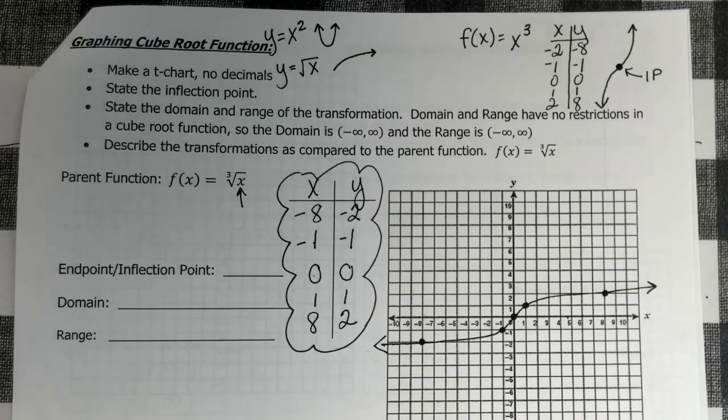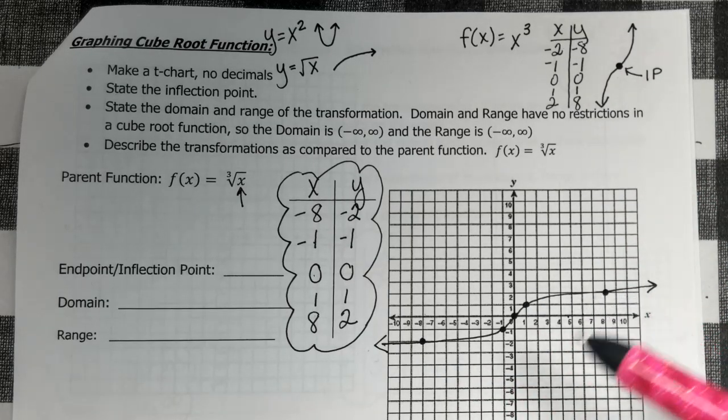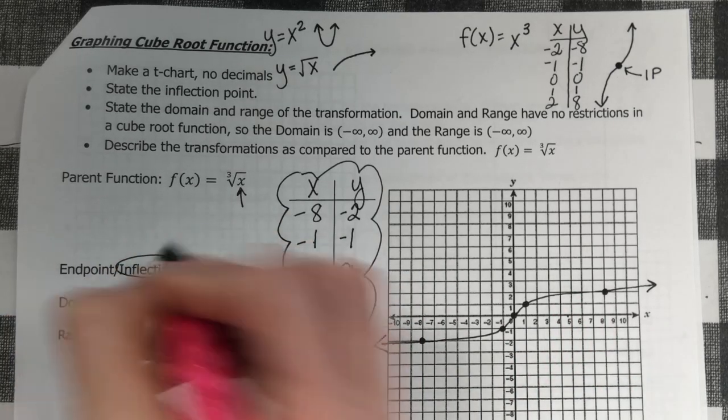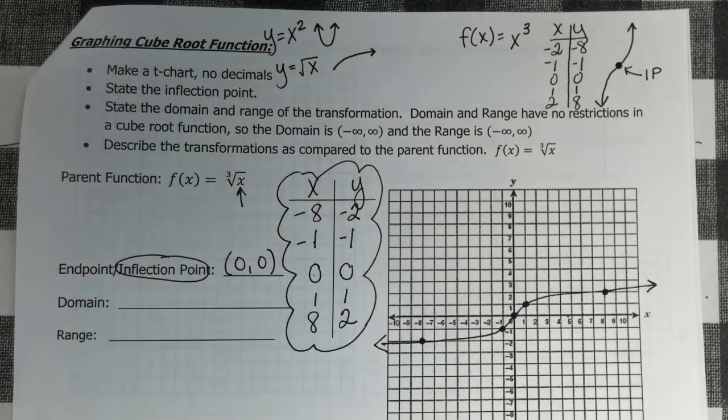That's because all inverse functions reflect over y equals x, which we will have a lesson later on in chapter 6 all about inverse. But for right now, you just need to see that this is what your parent function looks like. So do I have an endpoint? No, I have an inflection point. So my inflection point is at 0, 0.